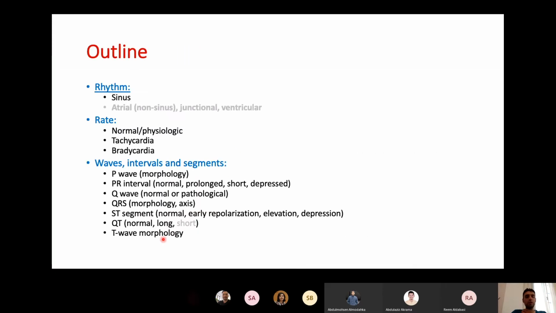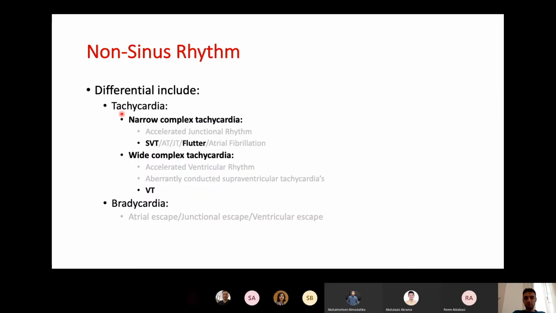So now, if you see an ECG, the first thing you look at is the P wave axis, and if it's sinus, you're good. If it's something non-sinus, then you should think of something that's not sinus. Then you should ask your question: are we tachycardic or are we bradycardic? Are we fast or are we slow?